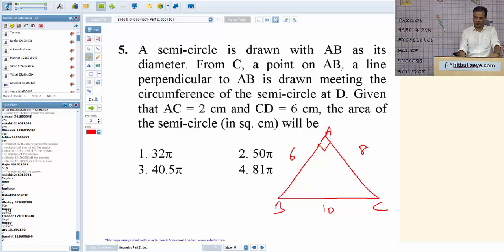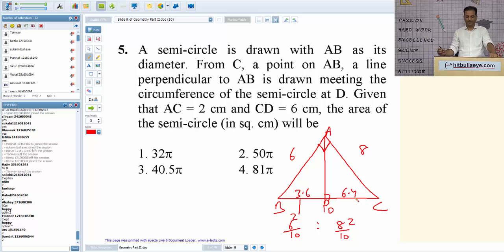When you find a right angle, just draw a perpendicular AD. This will divide the base in the ratio of the squares of the respective sides, 6 square to 8 square. So BD will be 6 square by 10 and DC will be 8 square by 10, with similarity. So this will be 3.6, this will be 6.4.